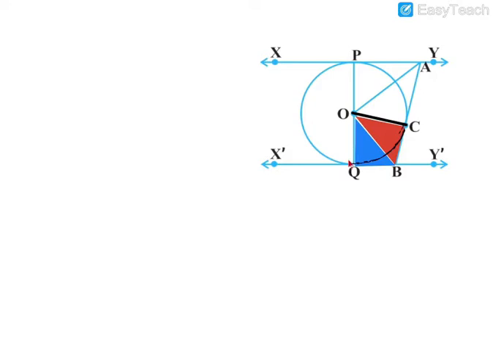OC will be equal to OQ as they are radii of the same circle. BC will be equal to BQ because they are tangents drawn from external point B and they will be equal. And OB is a common side. So triangle OQB will be congruent to triangle OCB by SSS.